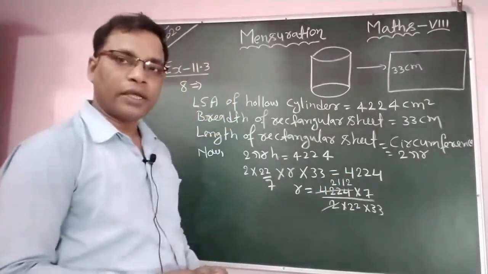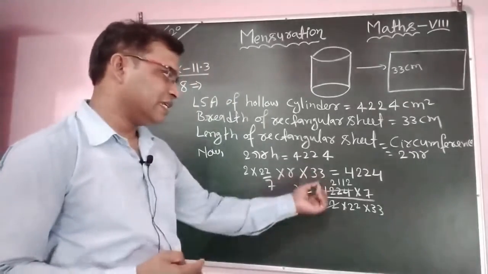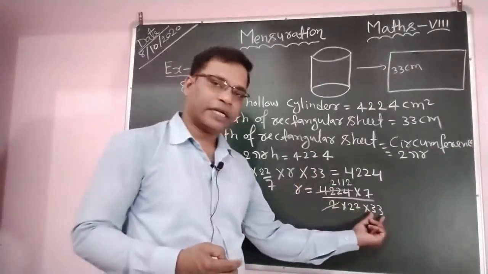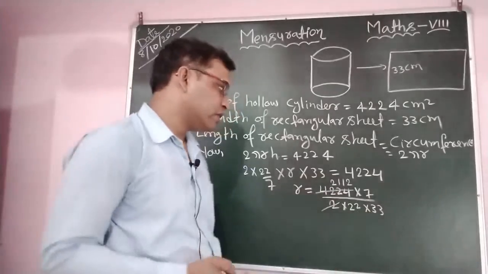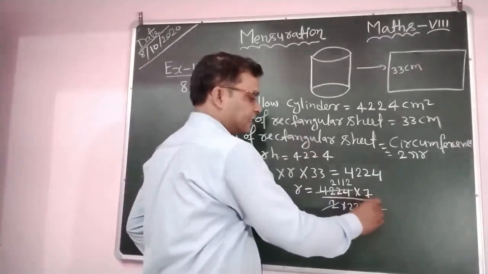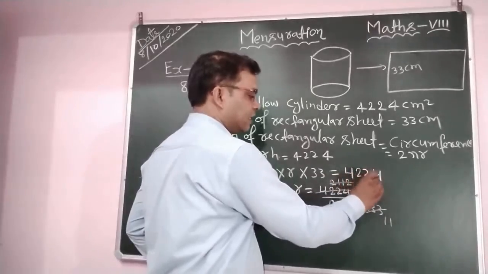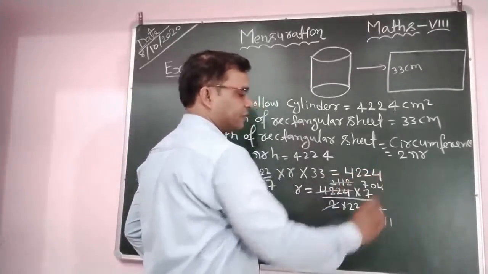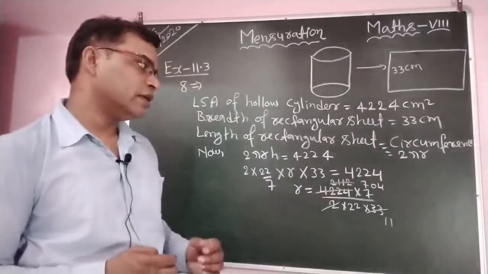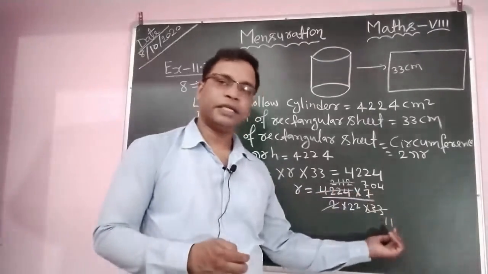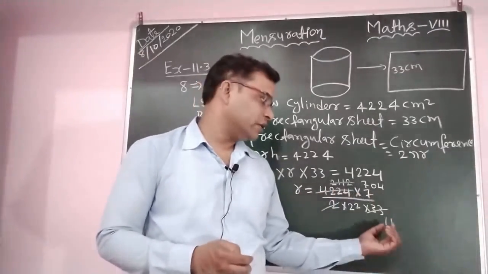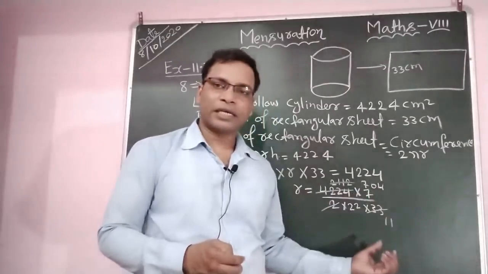Now again we need to cancel by 3, because 33 is cancelled by 3. 3 elevens are 33, and here 3 sevens and 3 fours. Clear? Now this is 704 and this is 11.